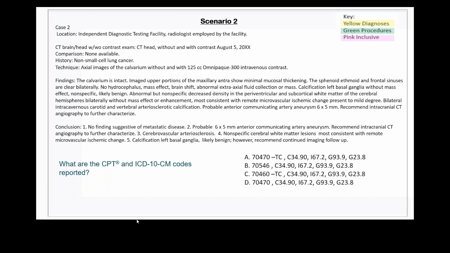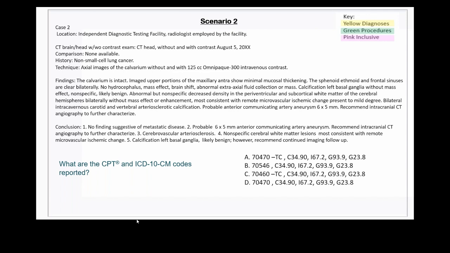Findings: the calvarium is intact. Imaged upper portions of the maxillary antra show minimal mucosal thickening. The sphenoid, ethmoid, and frontal sinuses are clear bilaterally. No hydrocephalus, mass effect, brain shift, abnormal extraaxial fluid collection or mass.